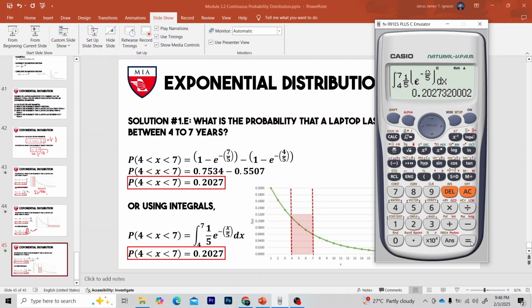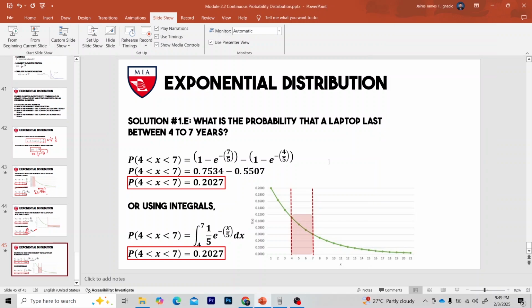Therefore, we have 0.2027. That's how we solve a problem under exponential distribution.